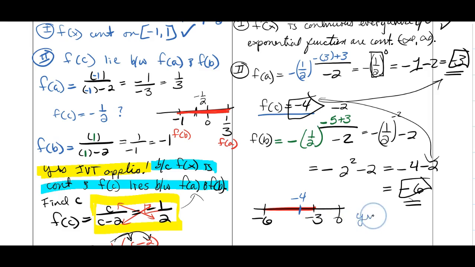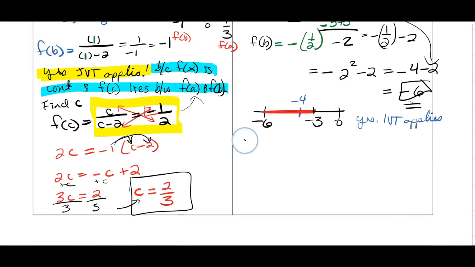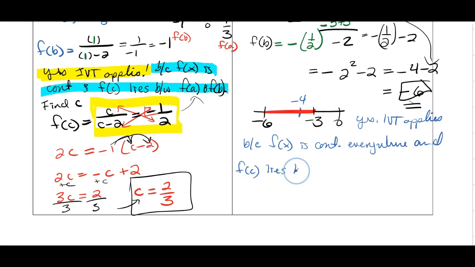So yes, IVT applies, because f of x is continuous everywhere, and f of C lies between f of A and f of B. So IVT is applicable. Now we need to find C.